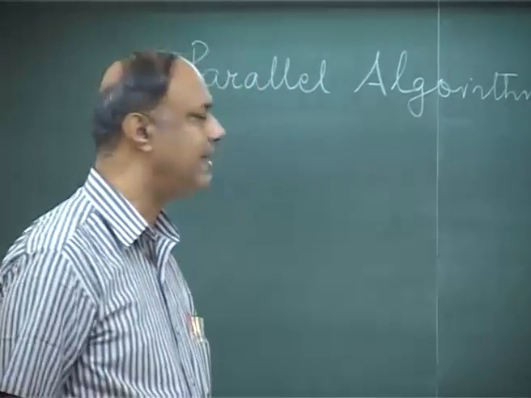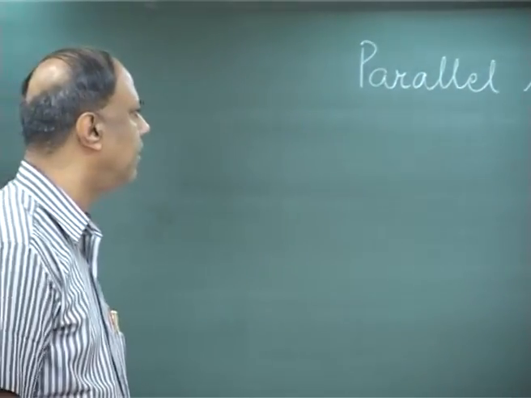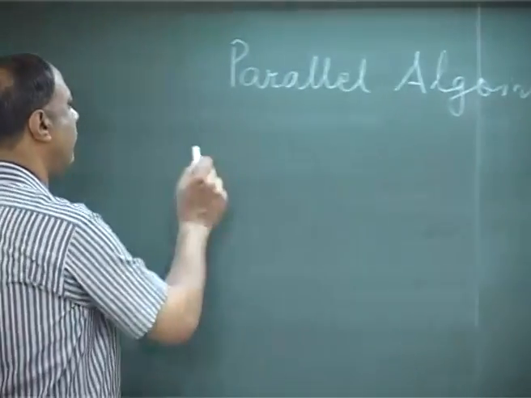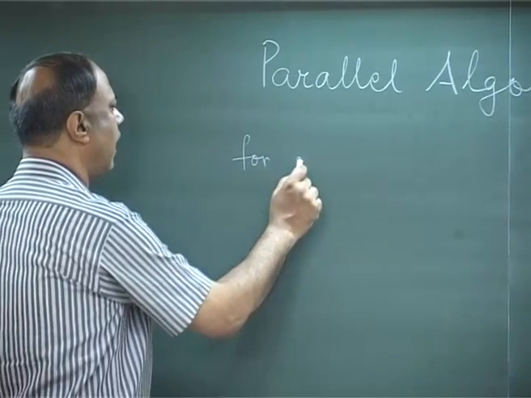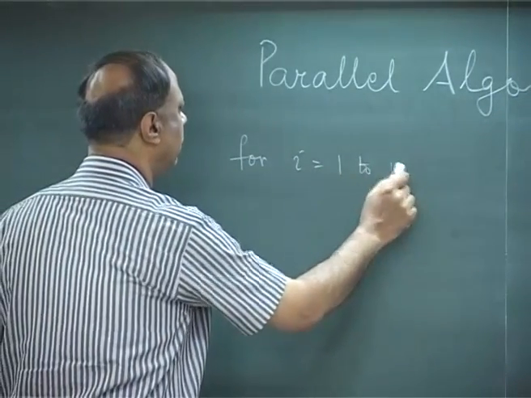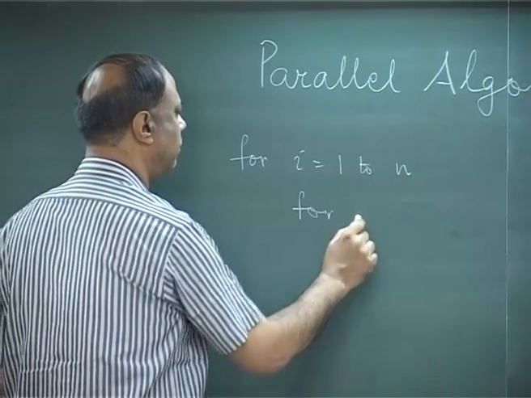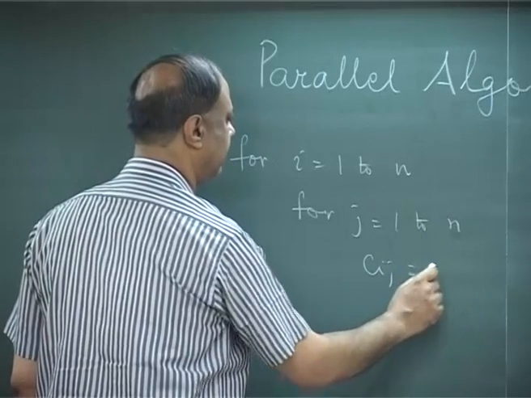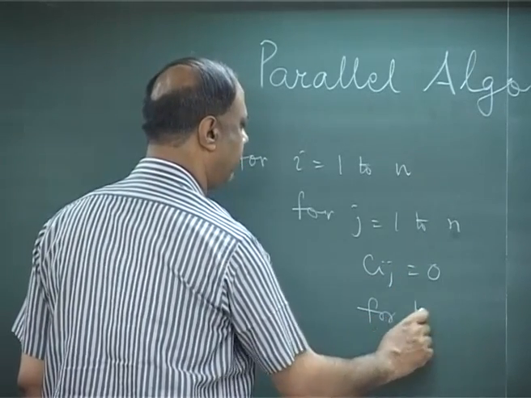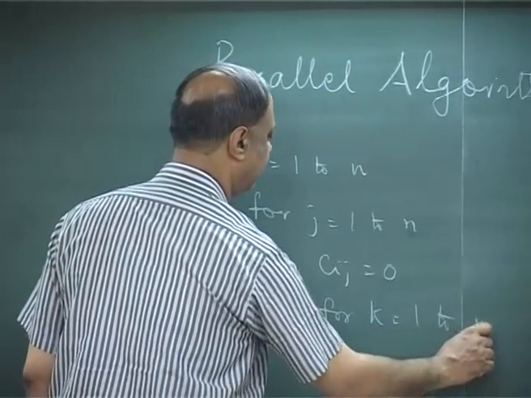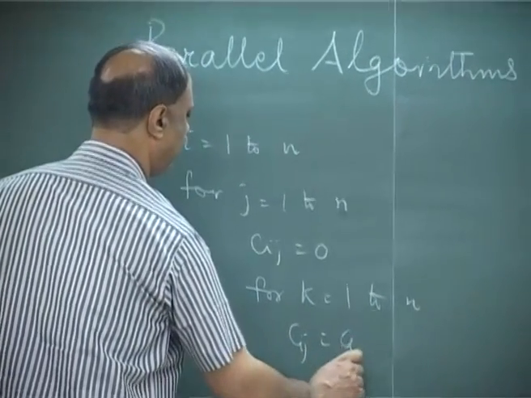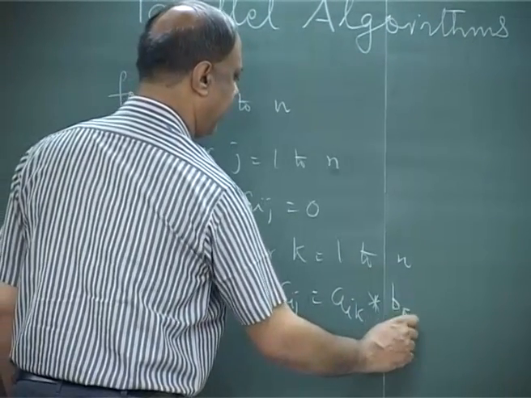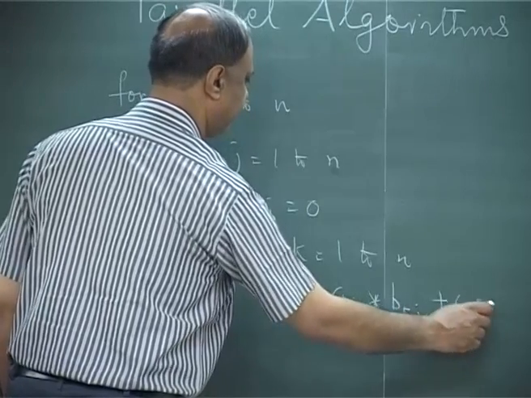Similarly, in the case of matrix multiplication, the classical algorithm is: for i equals 1 to n, for j equals 1 to n, C_ij equals 0, for k equals 1 to n, C_ij equals a_ik star b_kj plus C_ij.